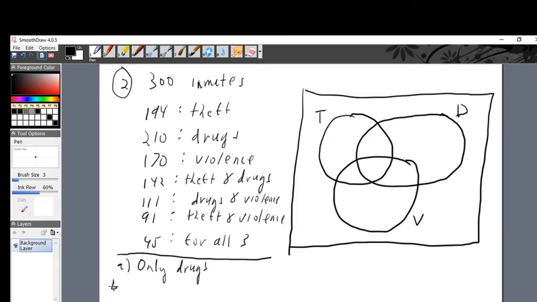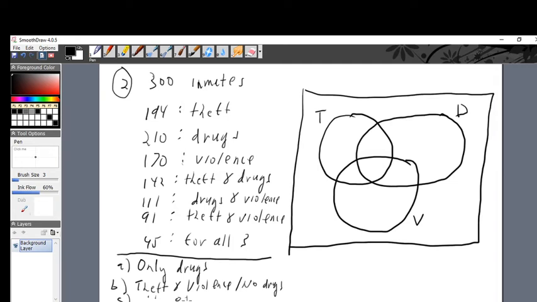B, how many for theft and violence, but not drugs? No drugs. C, theft or drugs?